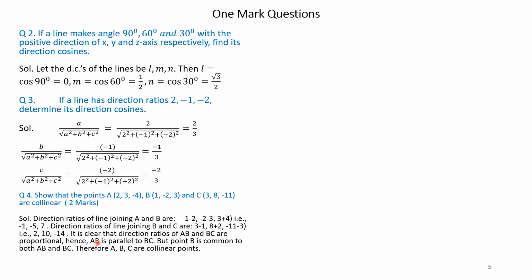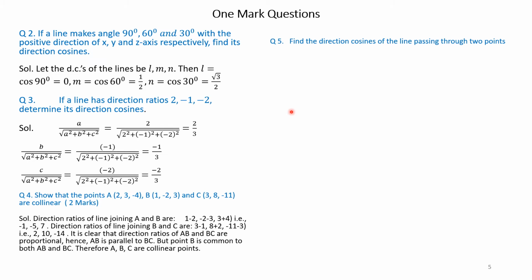So AB is parallel to BC. But point B is common to both AB and BC. Hence A, B and C are collinear, because B is common to both. All three points are collinear.